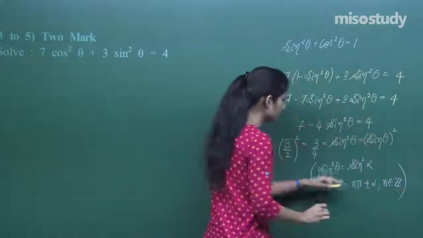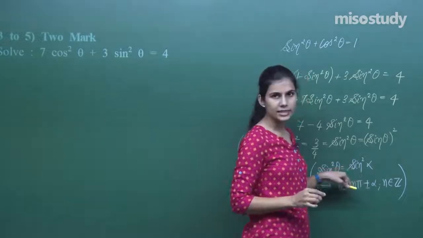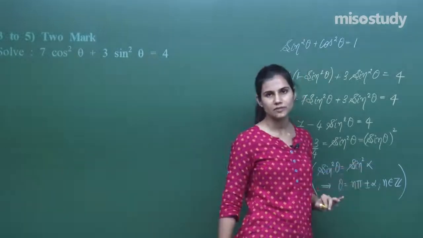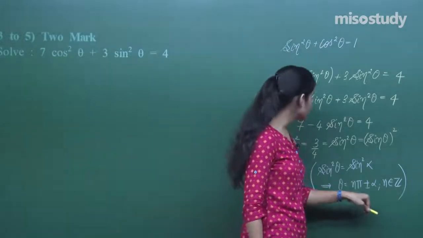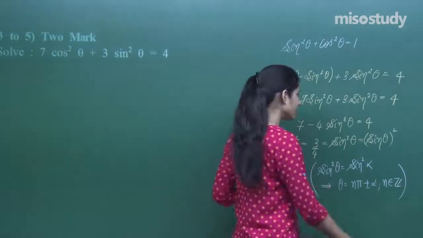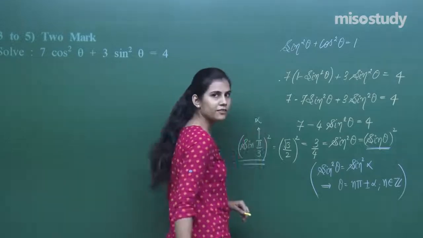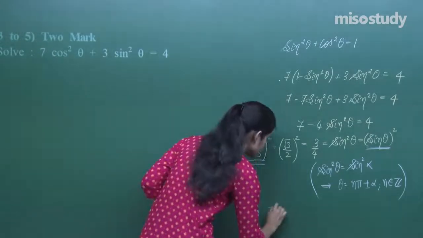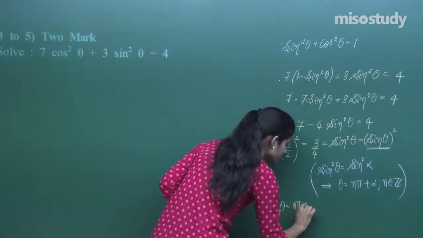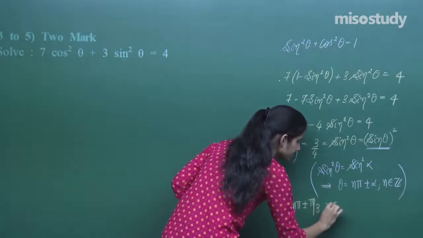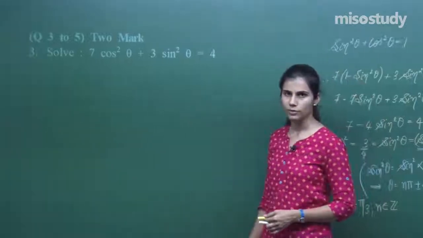That is the solution of this particular trigonometric equation, where alpha is a specific angle and theta is such that sine square theta equals sine square of this specific angle alpha. In that case, theta has to be equal to n pi plus minus alpha. Here I have sine square theta and this is sine square alpha, where pi by 3 is playing the role of alpha, and so my answer is theta equals n pi plus minus pi by 3. Fine, that is how you solve this trigonometric equation.